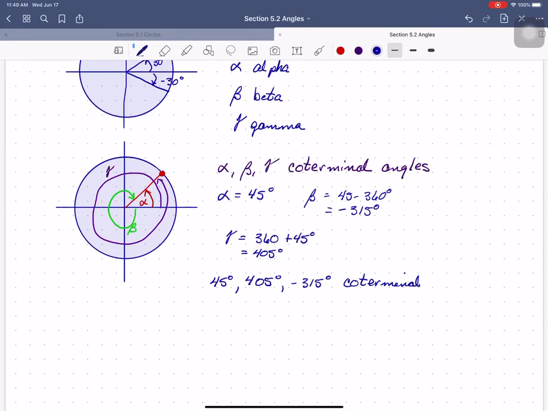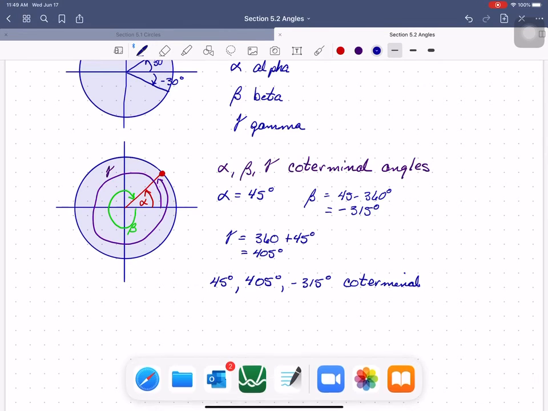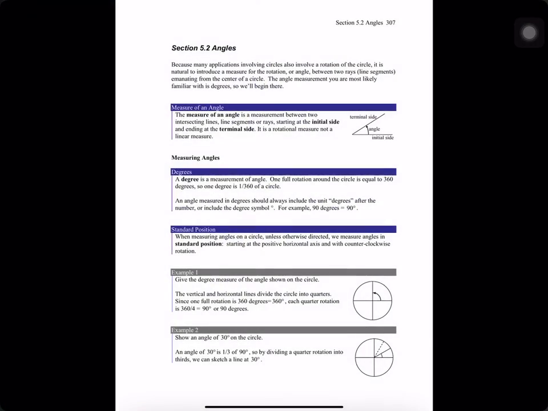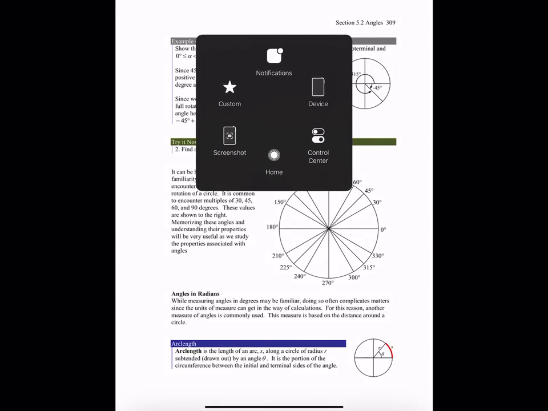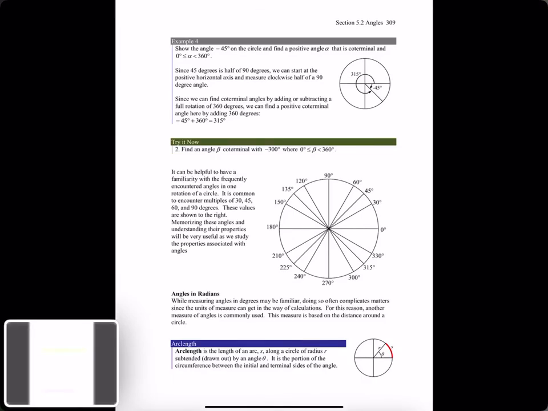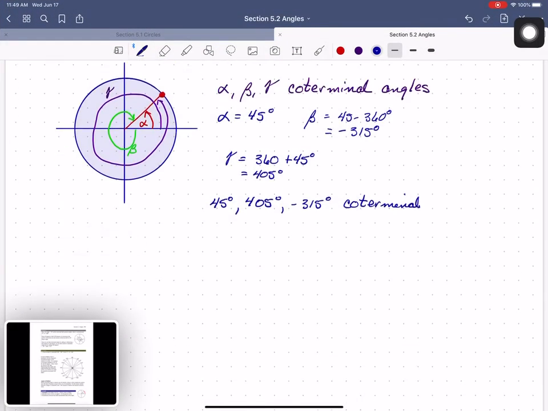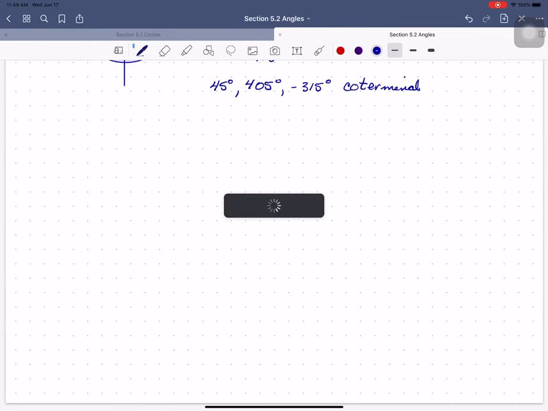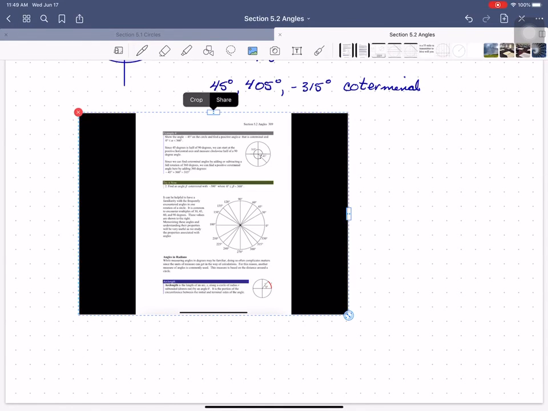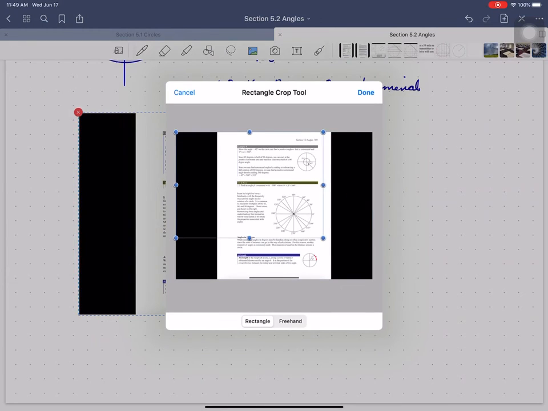Okay, all of this leads us to what we call the unit circle. And a unit circle is nothing more than a circle with radius 1 centered at the origin. Now, the reason why this circle is special is because it's got some standard angles marked on it.